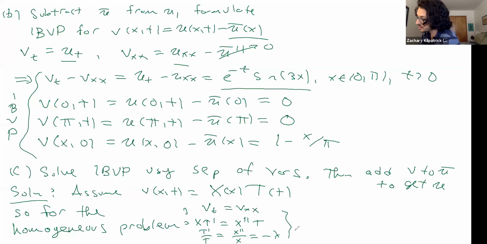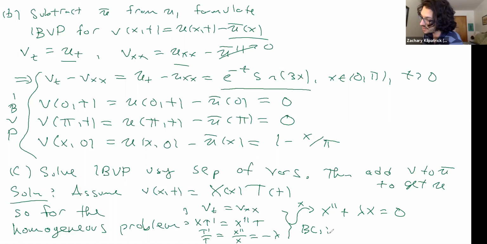So in the X case, I get that X prime prime plus lambda X is equal to 0. And then for my BCs, what do I get?